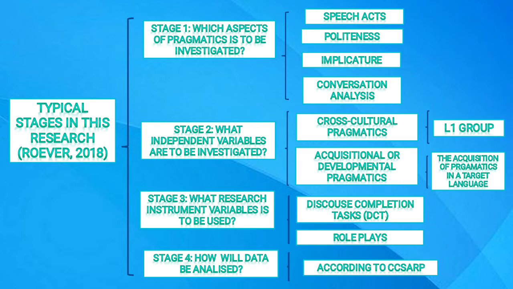So investigators and researchers are always going to go through how requests, apologies, refusals, compliments and compliment responses, suggestions, advice, agreement and disagreement, criticism, and other factors take place within the communication.